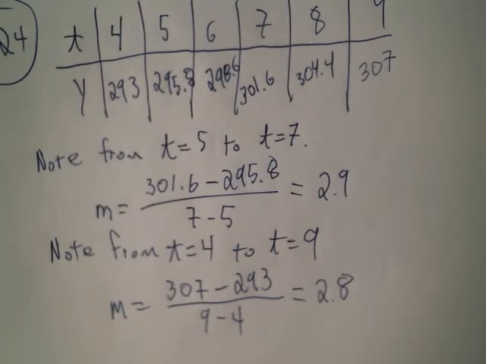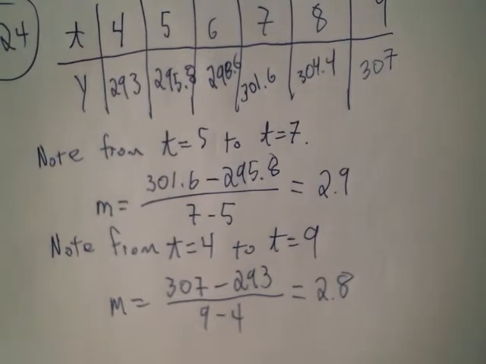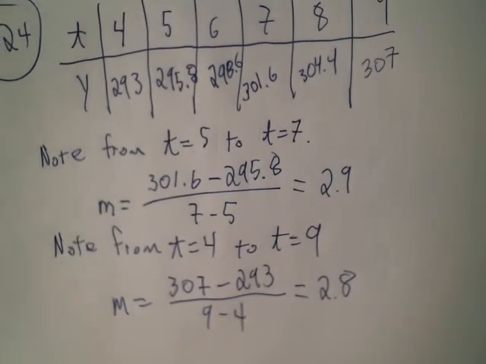So what does this mean? This time the population seems to be increasing by 2.8 million per year. So it's not a constant rate of change like it would be for a line, but we're approximating this rate of change, and each interval is different. And this is an important point about what we're doing in calculus. We want to get a rate of change for something that's not a line eventually.